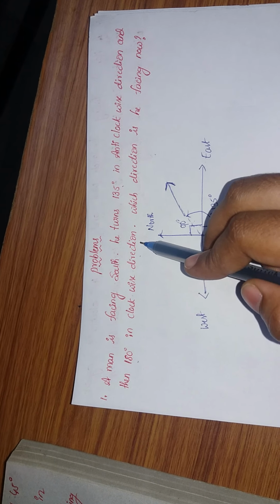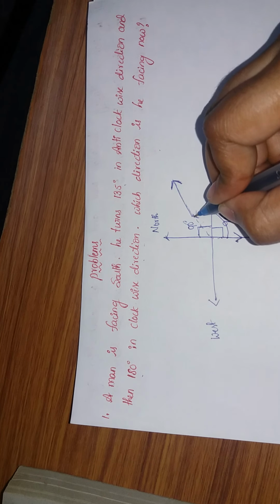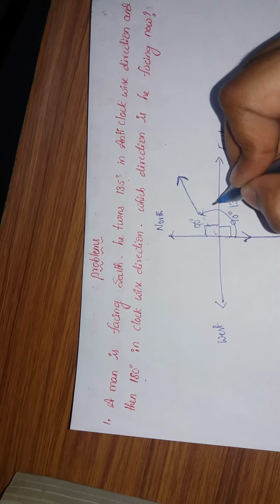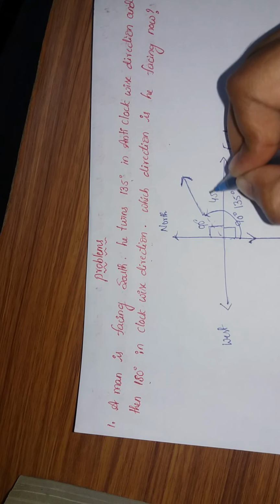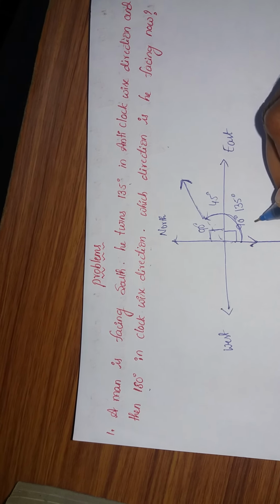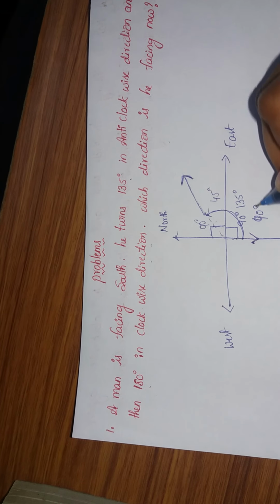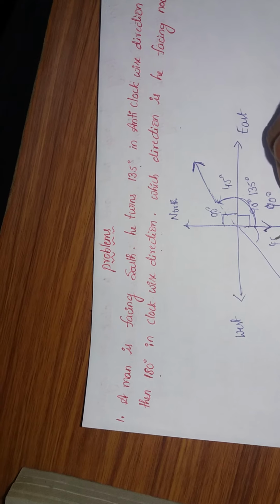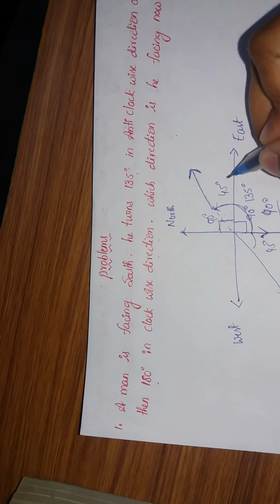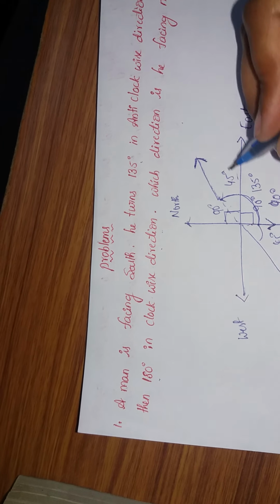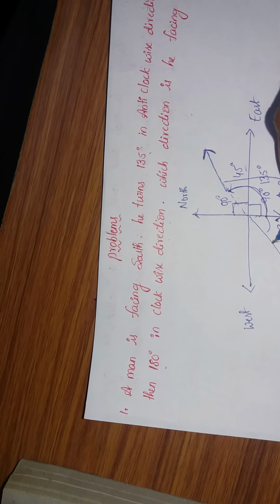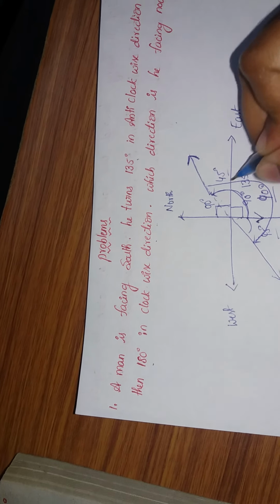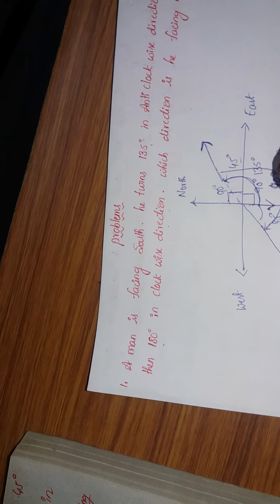180 degrees in the clockwise direction. From here he turns 180 degrees. From here to here the angle is 45, here to here the angle is 90 degrees, and the remaining angle is 45. For that, 45 plus 90 plus 45 gives a result of 180 degrees in the clockwise direction.